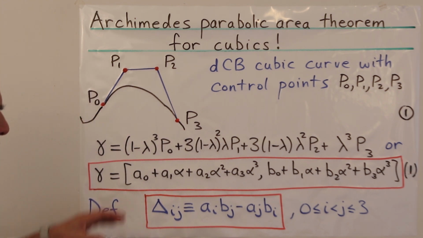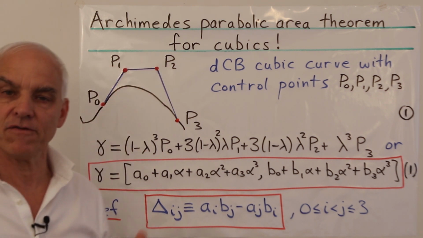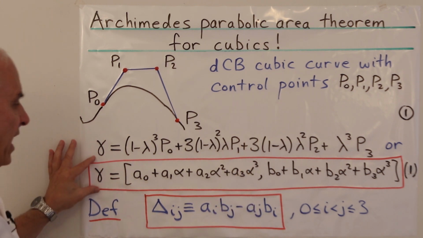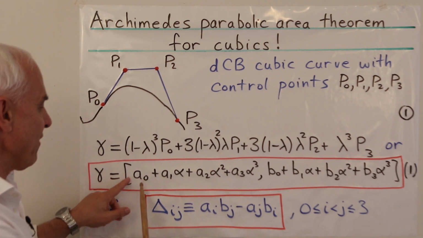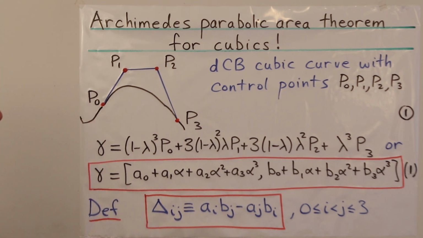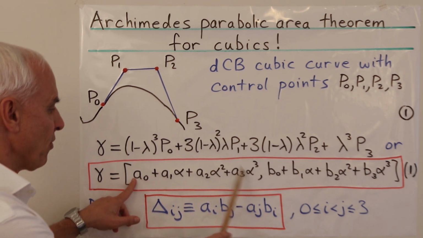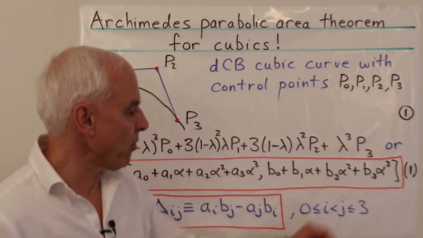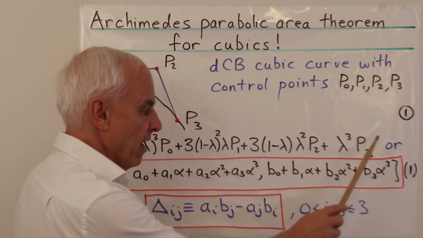Now, if we substitute in here the actual coordinates of some particular set of 4 points, then we can re-express this in our more standard fashion as a polynomially parametrized curve, so that we have an x component, or first component, involving alpha up to alpha cubed terms, with coefficients a0, a1, a2, a3, and correspondingly the y coordinate b0 plus b1 alpha plus b2 alpha squared plus b3 alpha cubed.